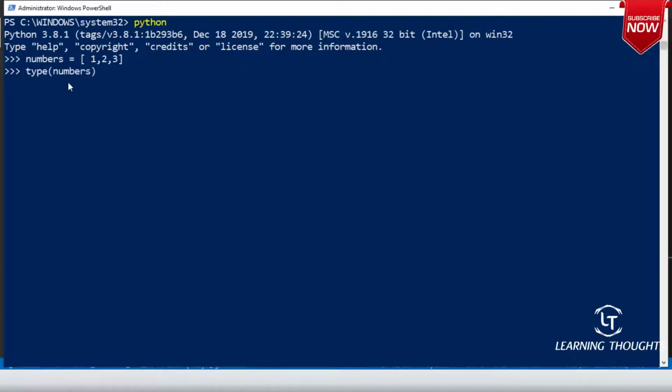Type of numbers and ID of numbers. Is this new to us? The value numbers is new, but the rest is not.